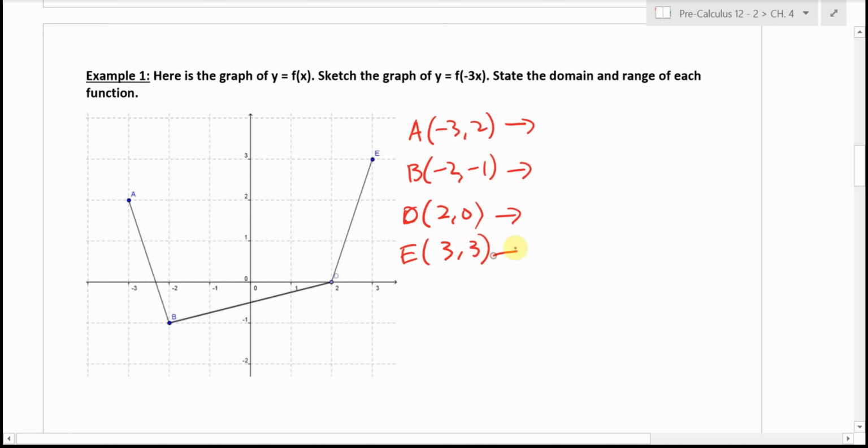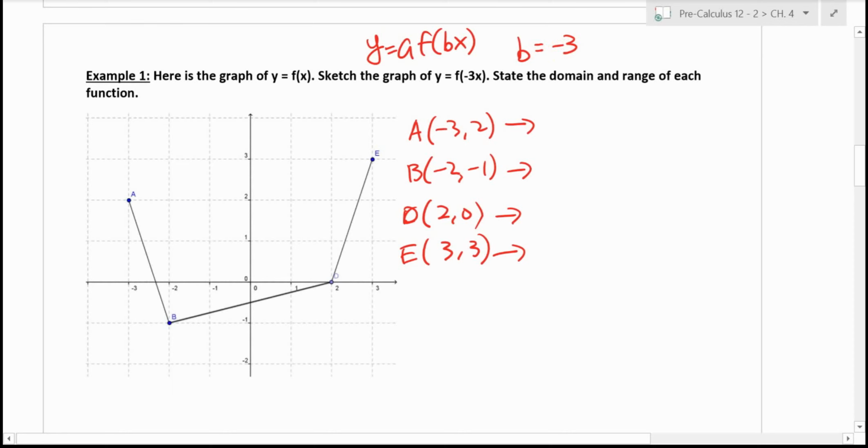In this case, if we compare with y equals a f of bx, we do not have a value, or the value of a is simply 1. However, we do have b as negative 3.